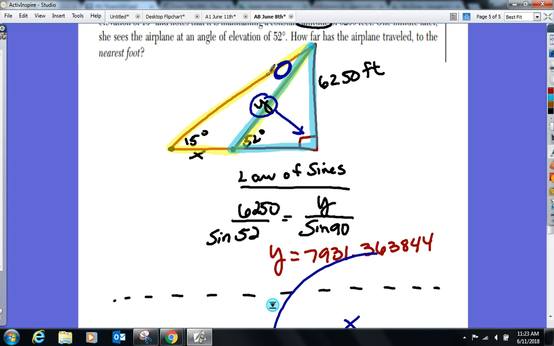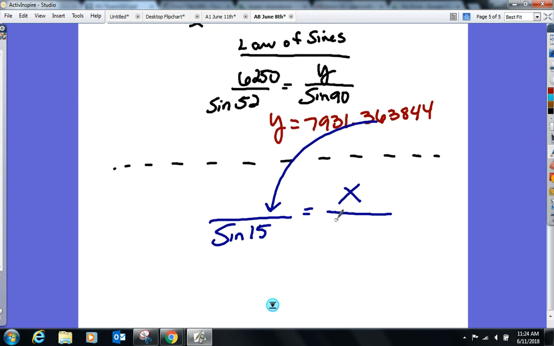Wait, do you do 90 minus 52 or 180 minus 52? You tell me about these two angles. It's complementary, right? They're a linear pair. They form a straight line. Okay? Straight line's equal to 180. So I have 37, yes? Okay, so over sine of 37.